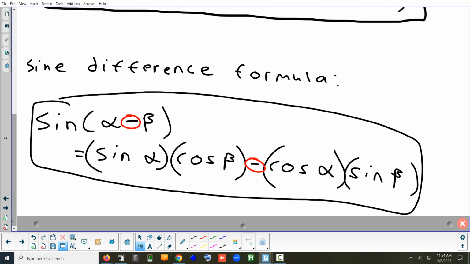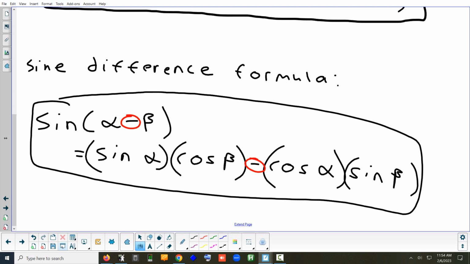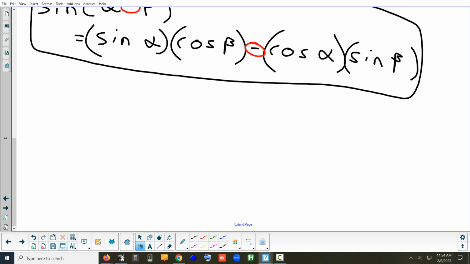And I'll do an example with the sine sum because I kind of want to slow down a little, and then we'll split it into two parts. So let's do something numeric. Let's find the sine of 105.